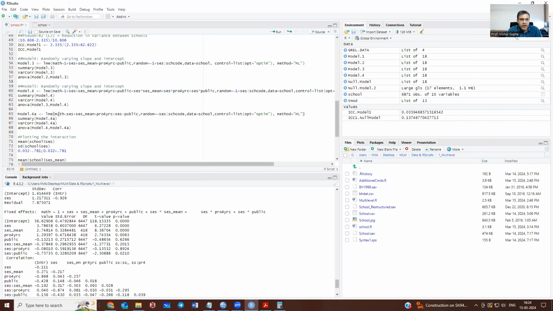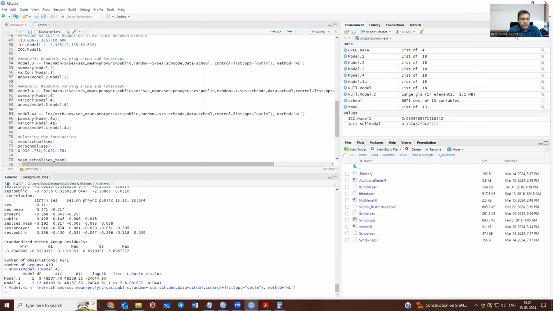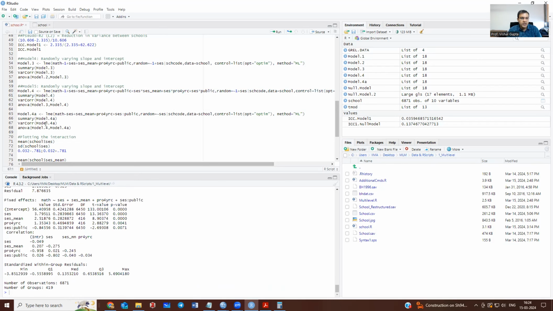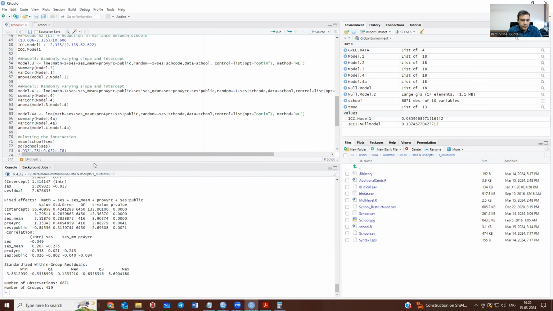So now if I run this command 65 and then I show you the summary, you will see what I am getting here: you have SES significant, you have SES mean significant, you have Prof Fourier significant, and SES multiplied with public, that term is also significant.